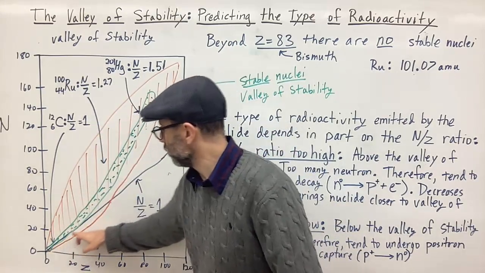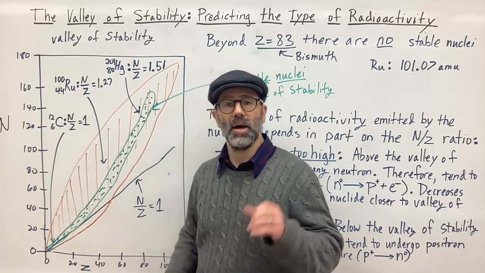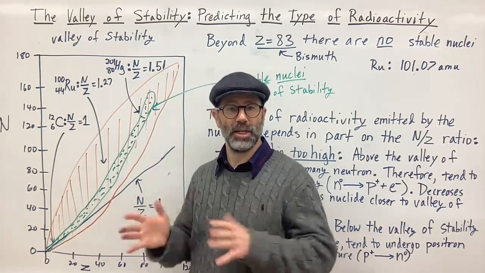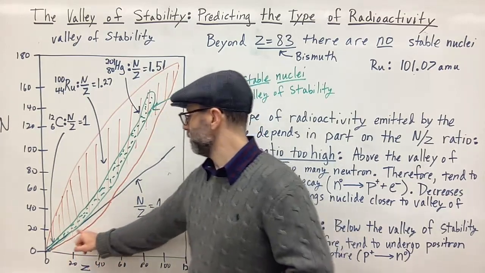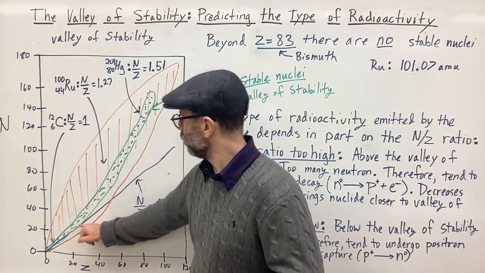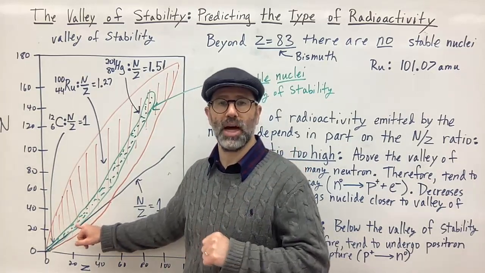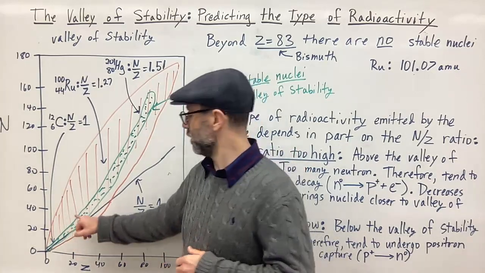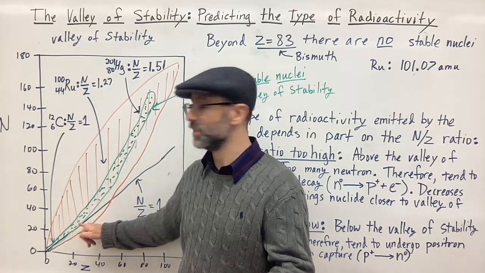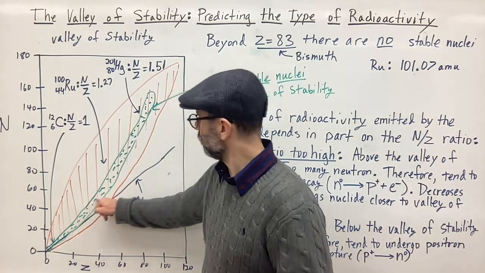So down here, for the first 20 elements, stability means you have a neutron to proton ratio of about 1. Once you get past about 20, in order to be stable, the neutron to proton ratio has to get higher. So you have to have more neutrons to get stability. That's why you see the green band starts to go up.